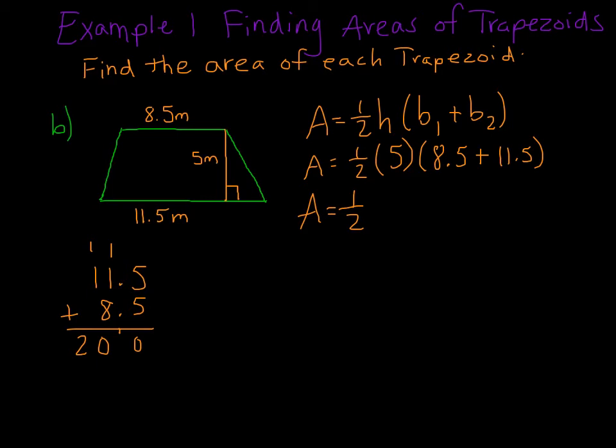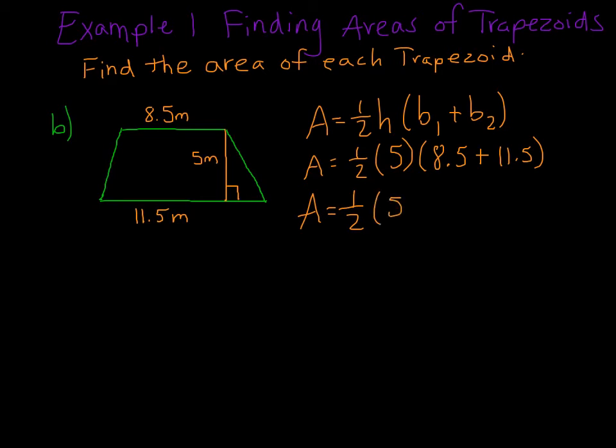And then you remember you put your decimal straight down. So my answer, I can get rid of that 0, would be 20. I'm going to erase this because I'm going to need this room in just a second. I just wanted to do that just as a review because we had some multiplication with decimals and a few people got a little bit distracted by that and didn't line them up correctly.